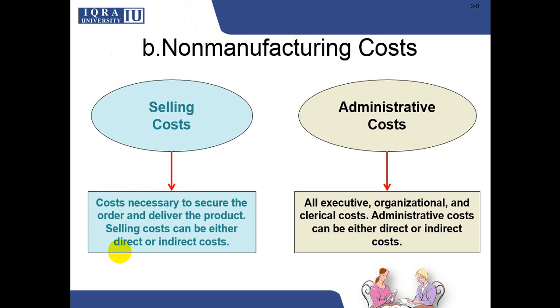Selling expenses include marketing and commission expense, sales salary, etc. And the admin expenses include such as office salary, depreciation, supplies, executive, organizational and clerical cost. Admin cost can be either direct or indirect.